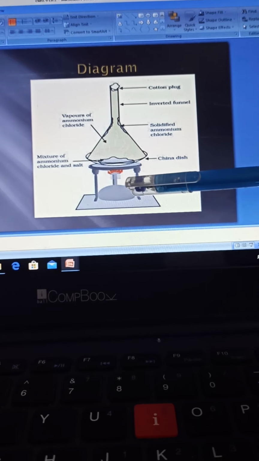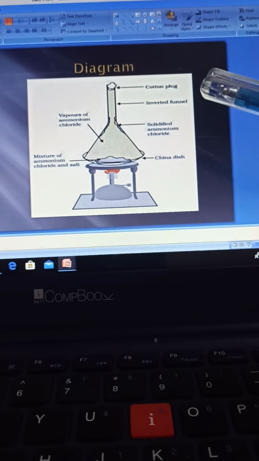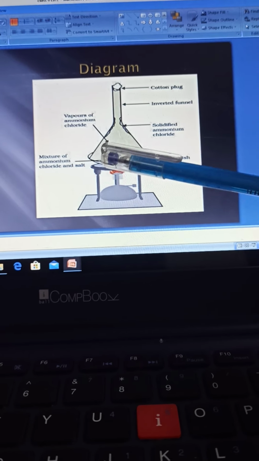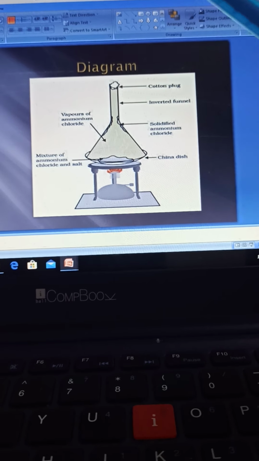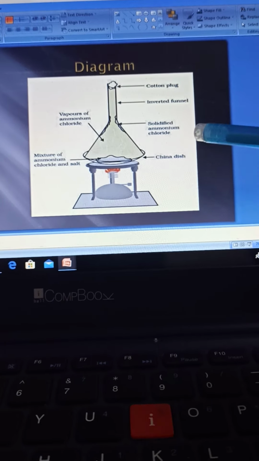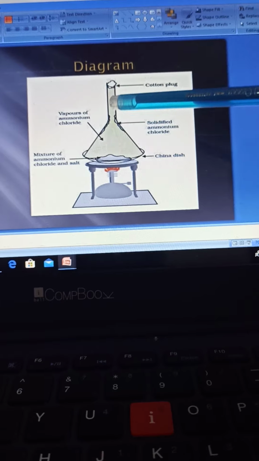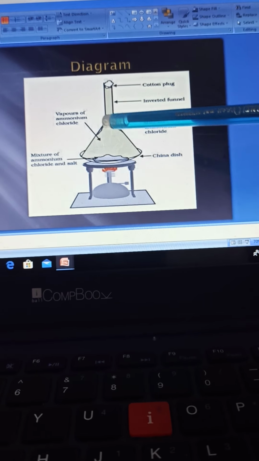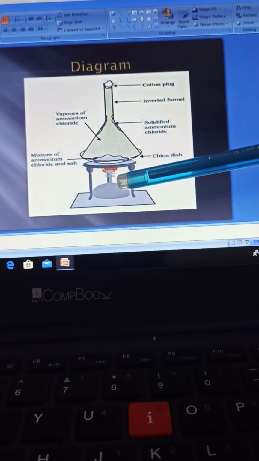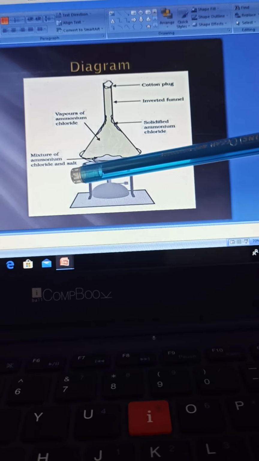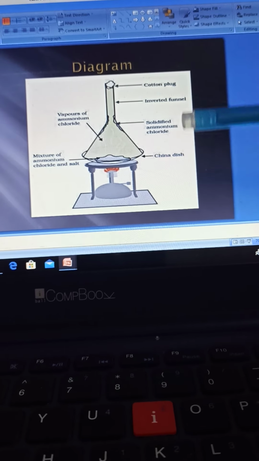Now on giving heat with the help of a lamp or a Bunsen burner, after some time we will find that from this mixture only one compound, which is volatile in nature and known as a sublime compound, which is ammonium chloride, is going to form its vapor and start to deposit at the sides of the inverted funnel. But the other component of the mixture, which is salt, is a non-volatile substance, a non-sublimable compound.